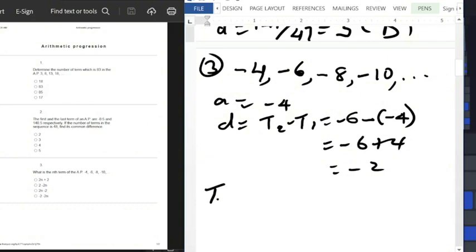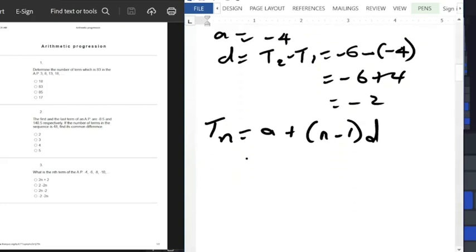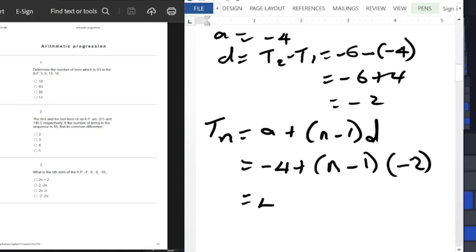So the nth term formula, Tn equals A plus n minus 1 times d, which equals the first term minus 4, plus n minus 1, the number of terms being unknown, into the common difference minus 2. So we now have minus 4, open the bracket: minus 2 times n is minus 2n, minus 2 times minus 1 is plus 2.